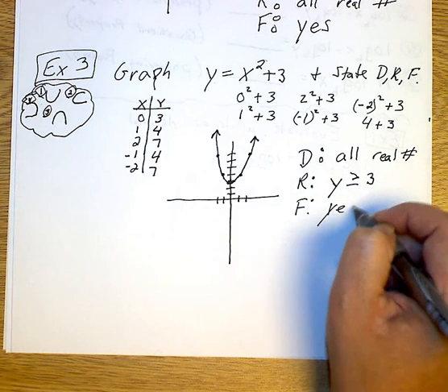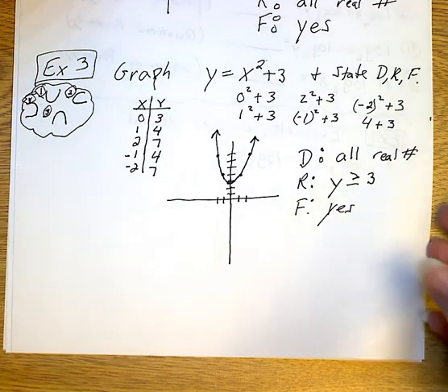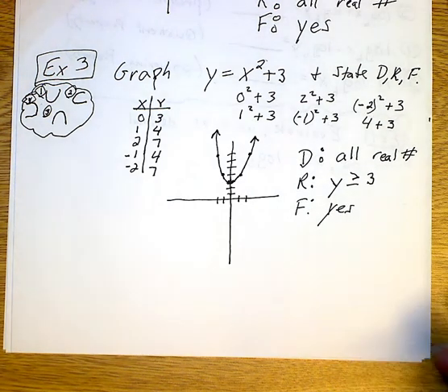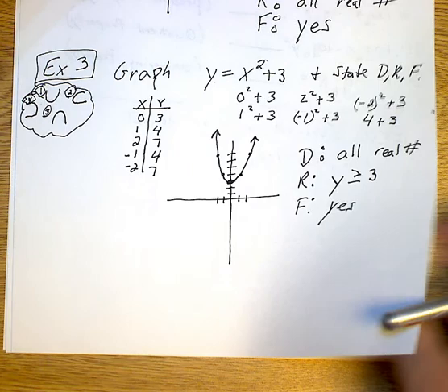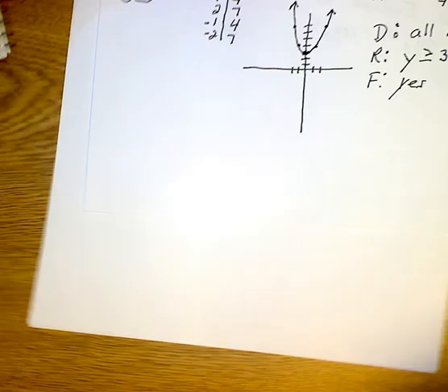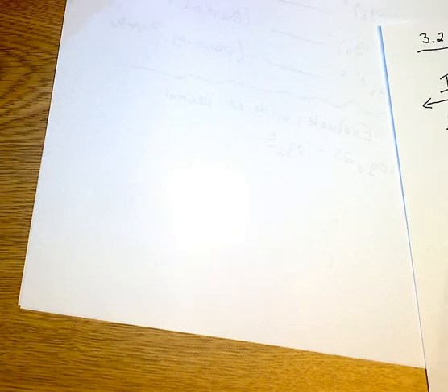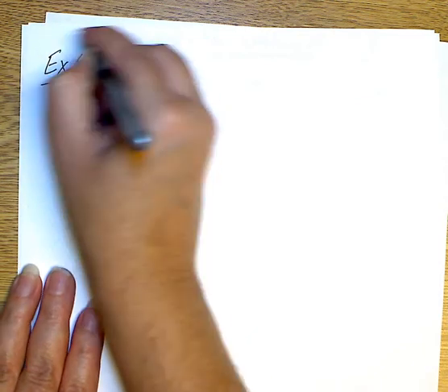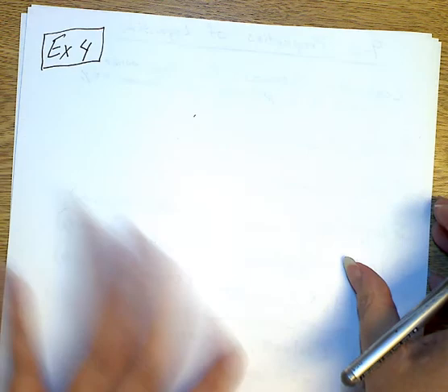All right. Last thing. Anybody not have this? All right. Example 4, and then we're done. All right.